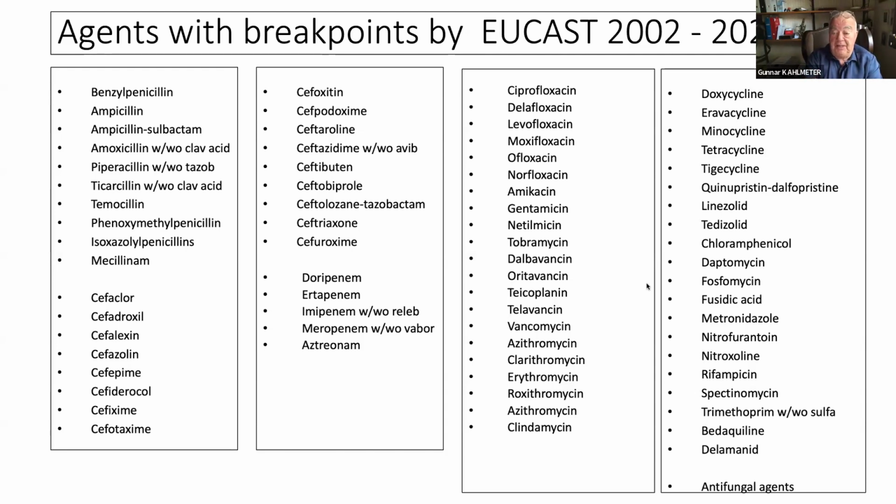One example could be plazomicin, which we did everything we were supposed to do, but it was never registered in EMA. And then down in the right-hand corner, you can see that there is a flurry of antifungal agents. I've just summarized them under antifungal agents, and you can find all of them in the breakpoint tables for antifungal agents on the website.